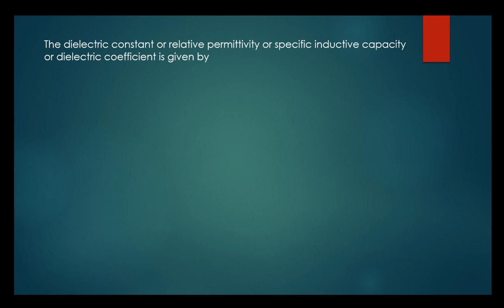What do we understand by the dielectric constant, permittivity? Let's understand. The dielectric constant of a medium or relative permittivity or specific inductive capacity or dielectric coefficient, these are four different names of the same quantity that we will be generally calling as dielectric constant or relative permittivity.